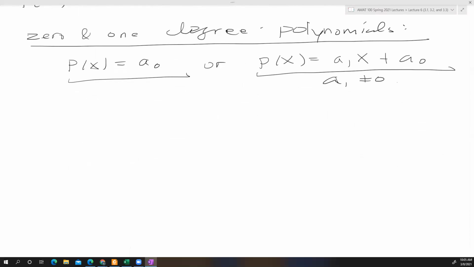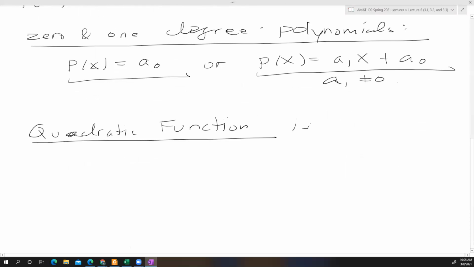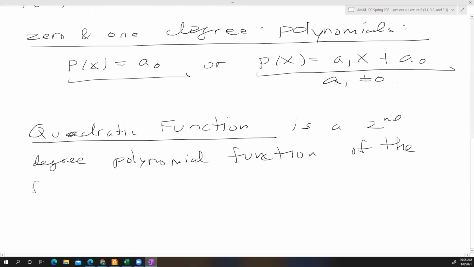So a quadratic function is a second-degree polynomial function of the following form, where A, B, and C are real numbers.